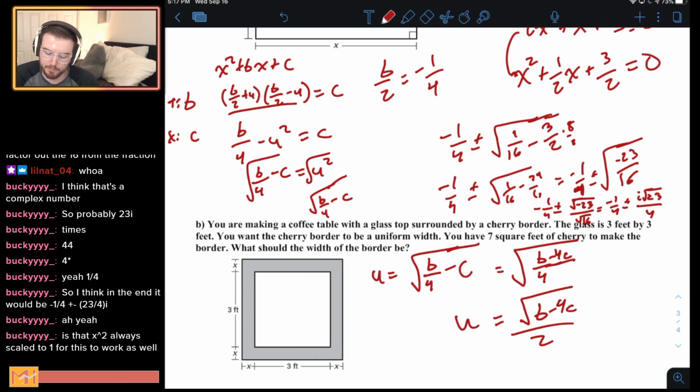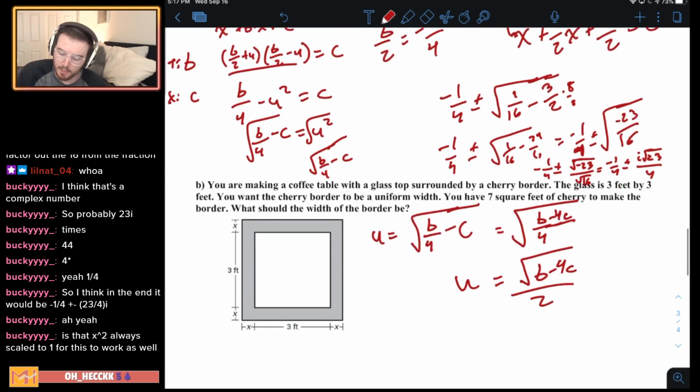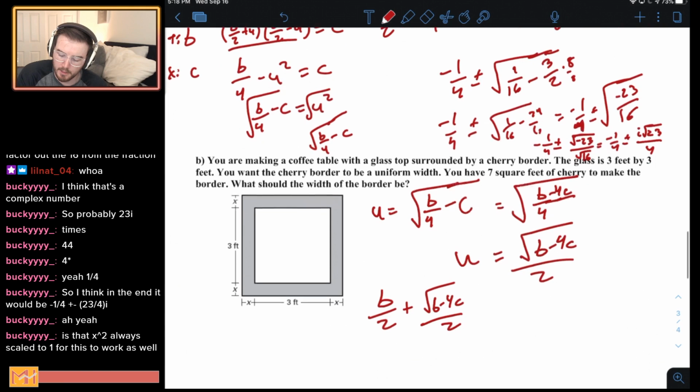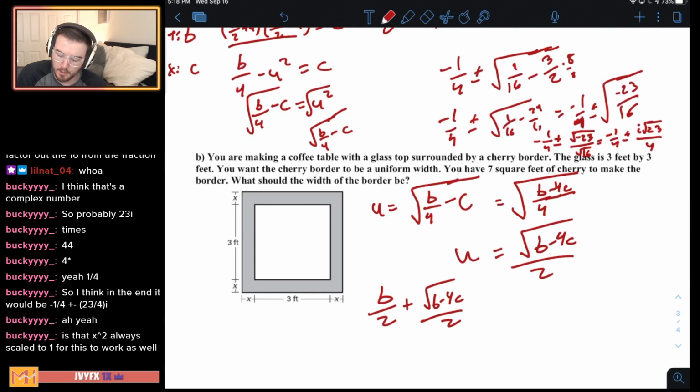That equals u. So I've got b over 2 plus the square root of b minus 4c all over 2, and b over 2 minus the square root of b minus 4c all over 2.